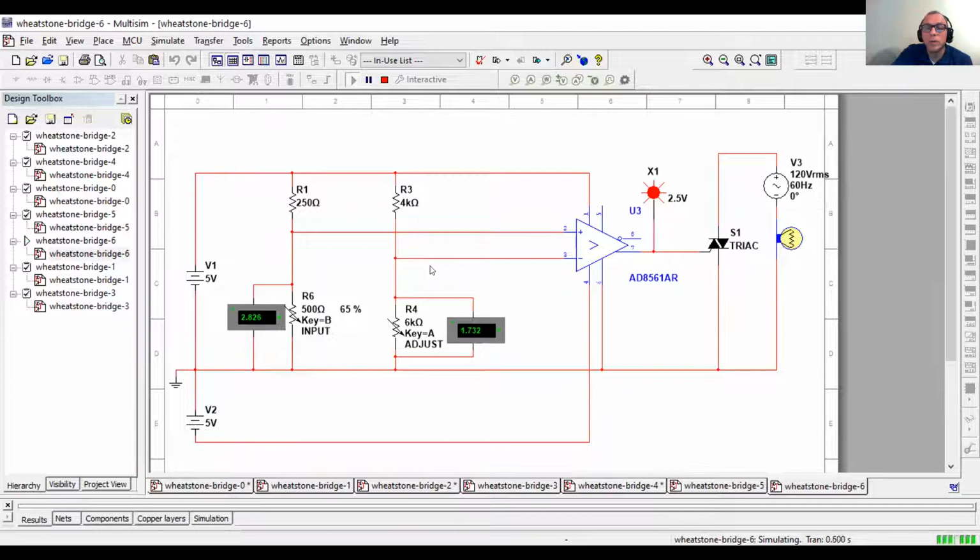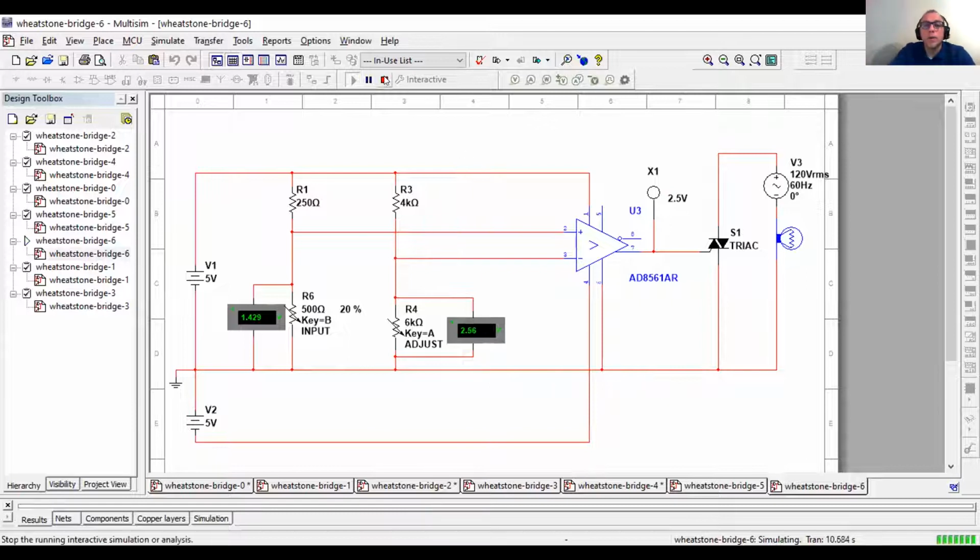Okay, so we're going to say now this is 1.732. All right, or it's at 2.633, sorry. So now let's turn this down a little bit. So now what we've done is we've told our circuit that we want it to go on earlier.